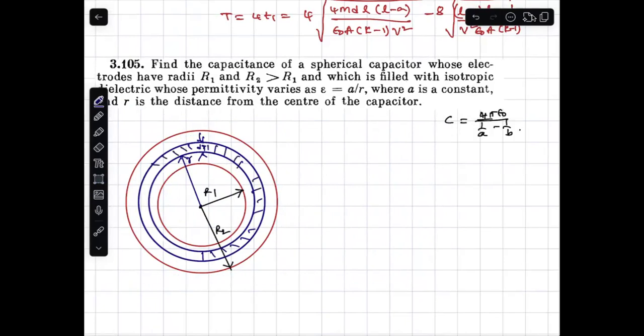Here it is of course some dielectric material.